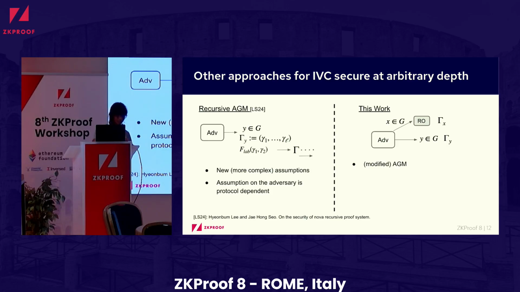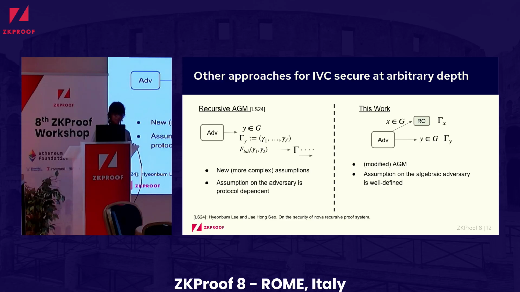This predicate F lab really depends on the protocol that you're trying to analyze. This means that when you change the protocol that you want to prove secure, the algebraic assumption would change.